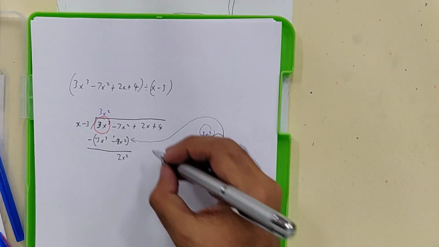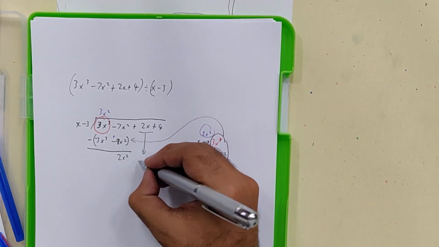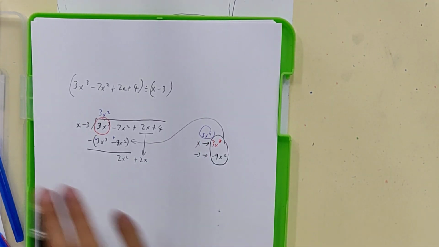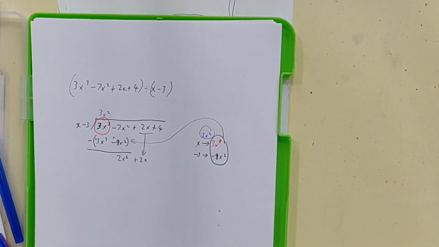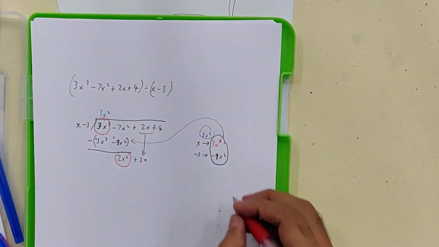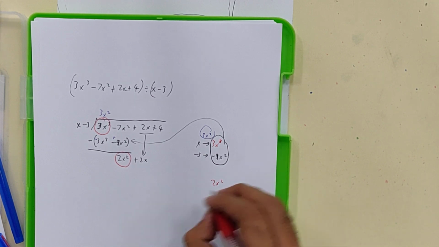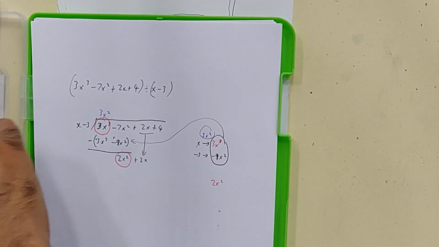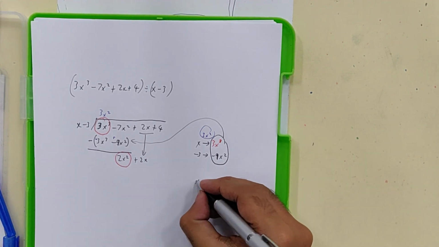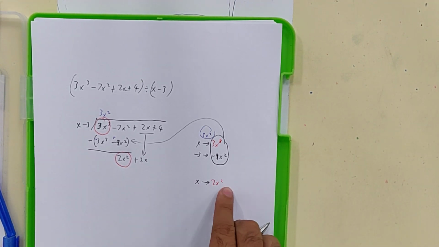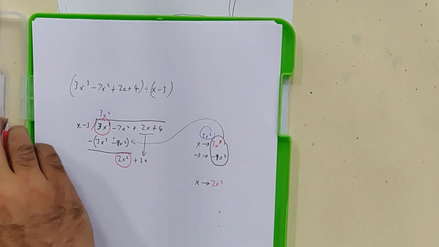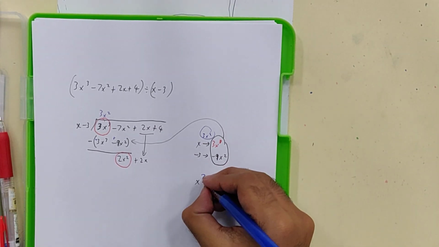Alright, the next step is take this 2x, bring it down. Plus 2x. So now what's your target? The 2x squared. So 2x squared is your target. We're still going to attack it with x minus 3. So how does x become 2x squared? You times 2x.